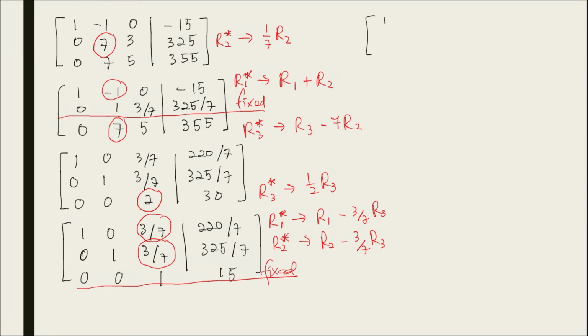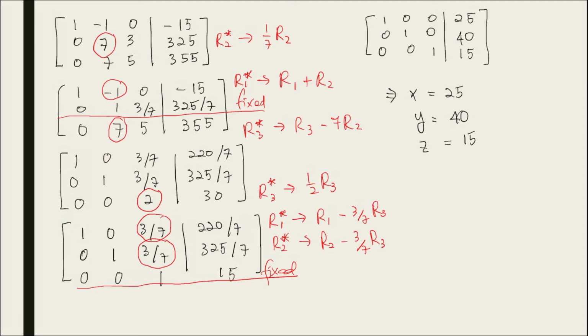The new value would be, this part will be the identity matrix, and you will have the new values on the right side, which are 25, 40, and 15. So there you have the solution to the X matrix: X equals 25, Y equals 40, and Z equals 15.